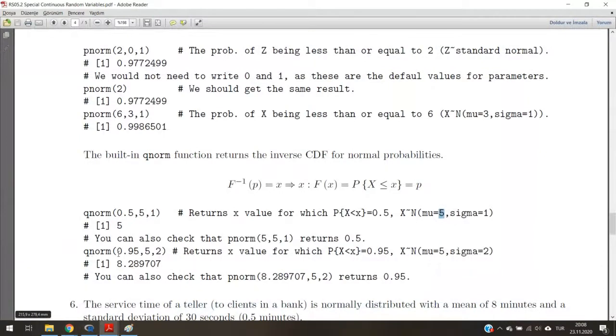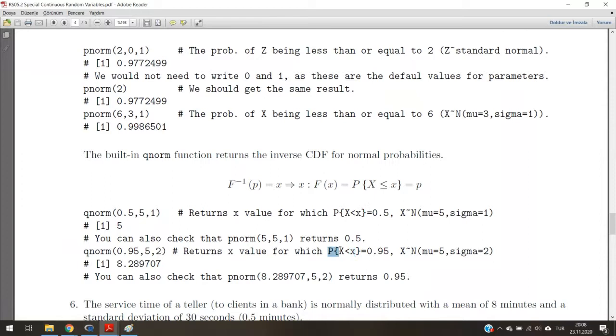Now, let's just say I have a normal random variable with location parameter 5 and scale parameter 2, and I'm interested in the certain value x for which the less than or equal to probability for this random variable is 0.95, or in other words, 95% of the possible values that it can take should be less than or equal to x. So we are interested in that threshold, which is the inverse CDF at 0.95.